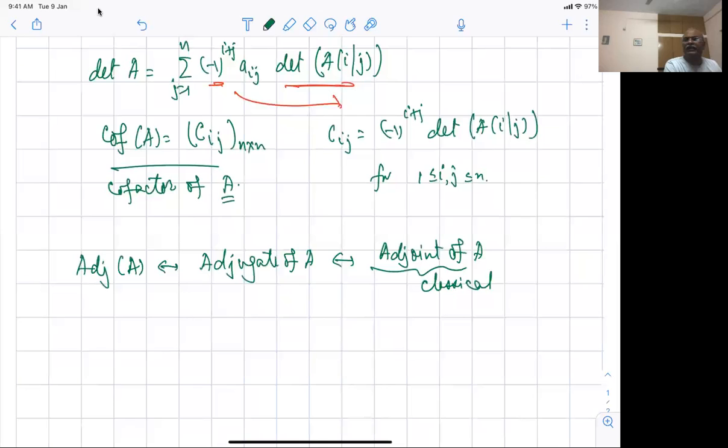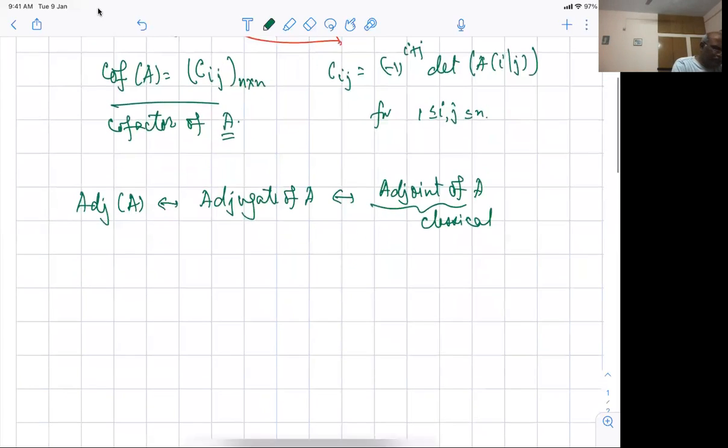But adjoint in mathematics at a higher level is something else. It's related with A star and things like that. We'll not get into it. We'll say adjugate, or sometimes just adj, or by mistake, because we're used to that, adjoint will come. But adjoint is different. All right. Fine. So adjugate of A is nothing but look at the cofactor matrix of A and take a transpose of that. Is that okay? Which is the same as cofactor of A transpose. Fine. So whichever way you want to understand it, you need to understand it.